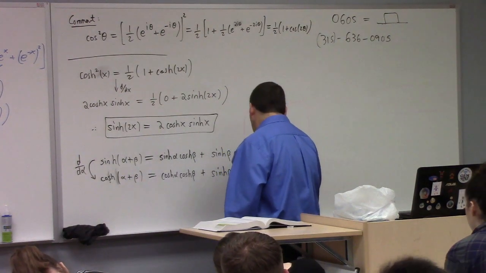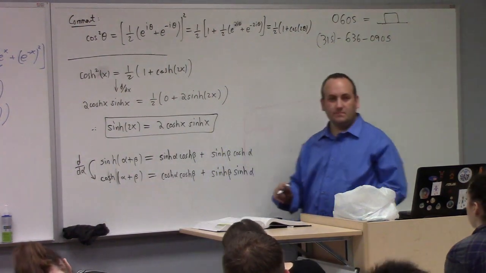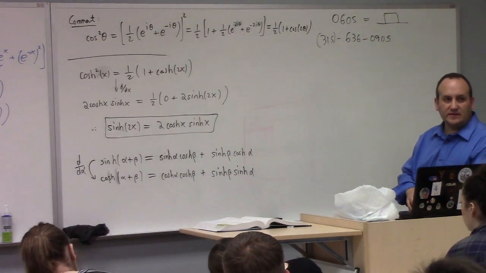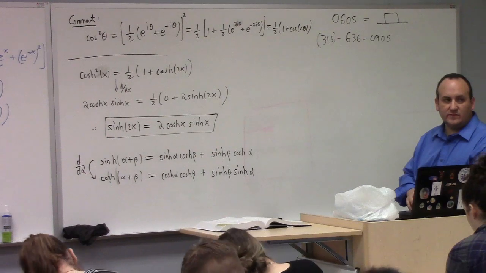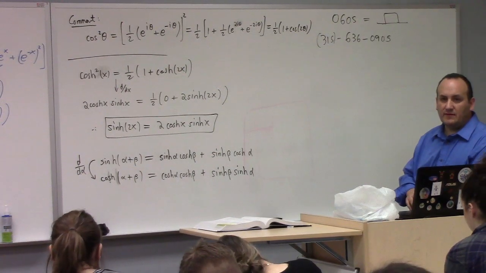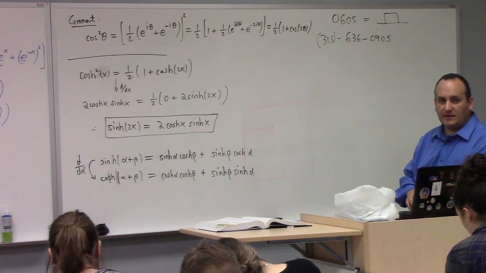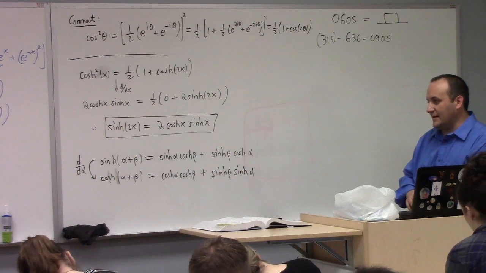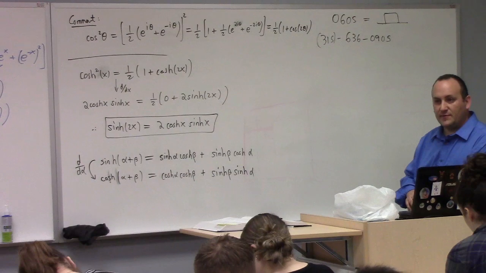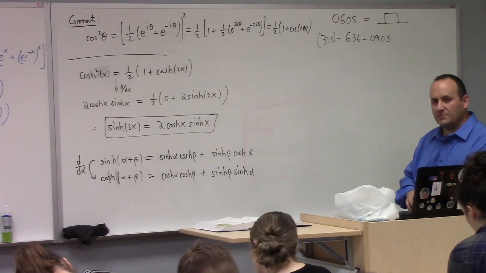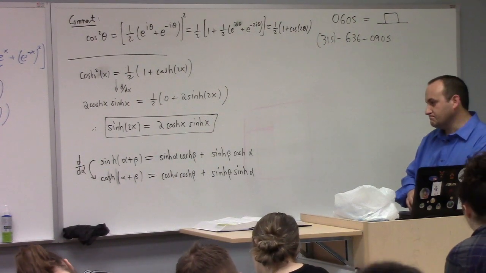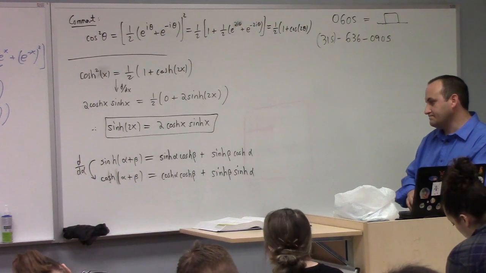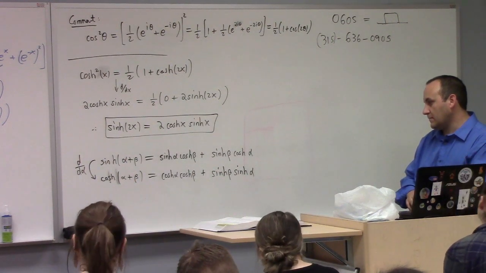So you see there's a difference in this one. The distinction is that with sine and cosine, we have a minus from the derivative of cosine, right? And that's why there's a distinction in the sine adding angles versus the cosine adding angles formula. But for hyperbolic, we get plus for both. All right?